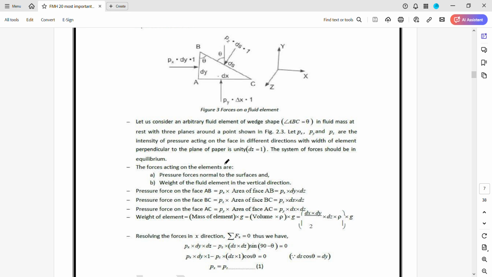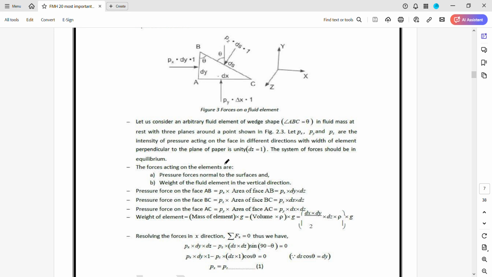Pressure force on face BC is equal to Pz into area of face BC, Pz into dz into ds. Pressure force on face AC is equal to Py into area of face AC, is equal to Py into dx into dz.